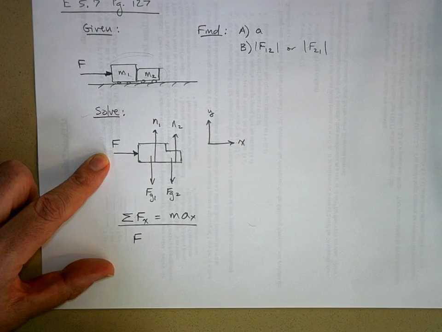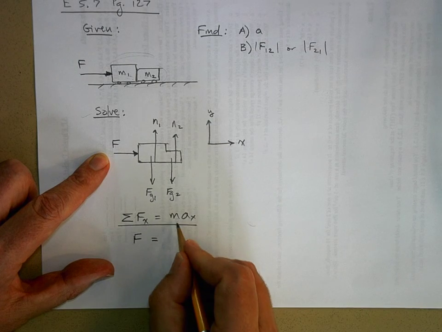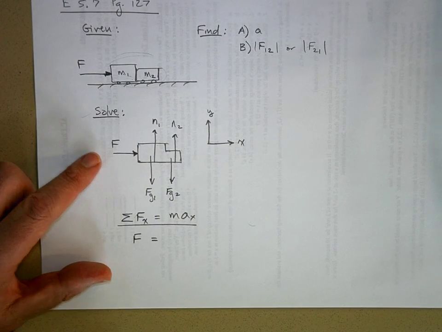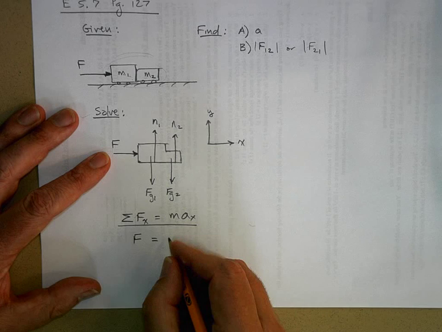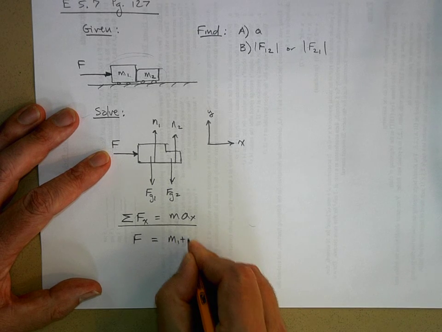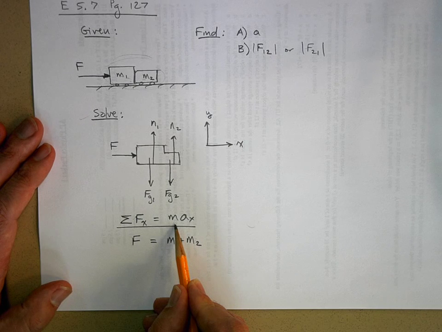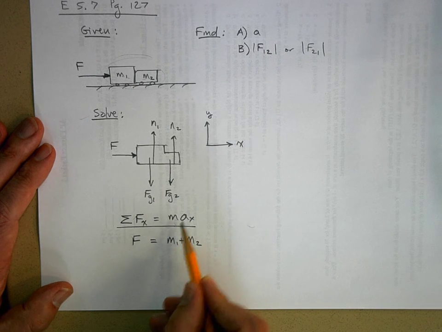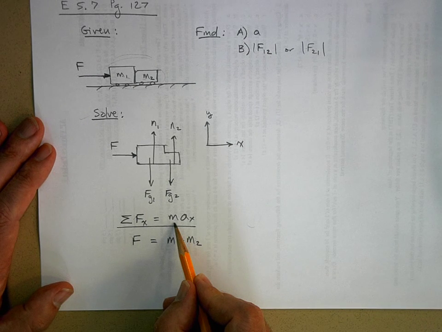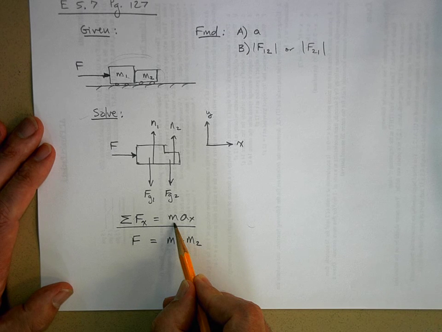Equals M. Now what is the mass? Well, it's the combination of these masses. It's M1 plus M2. When you set it up like this, this is the mass of the free body, the entire free body.